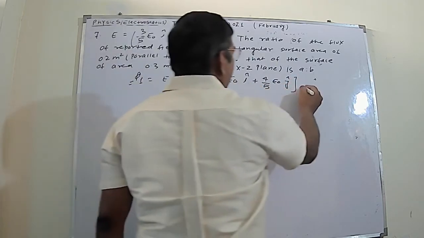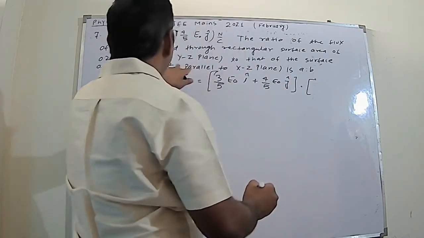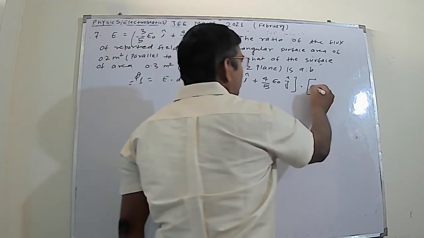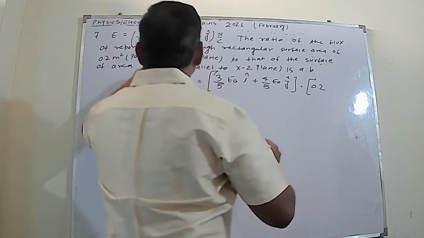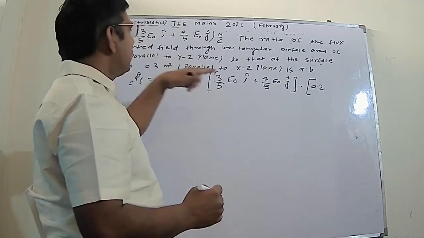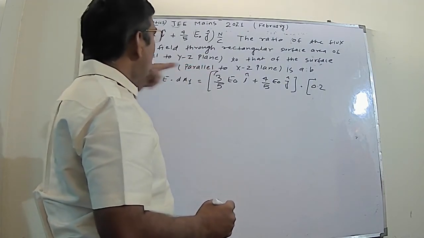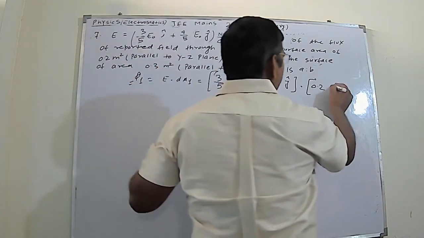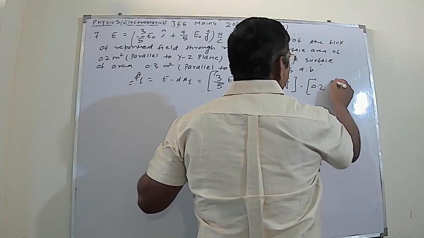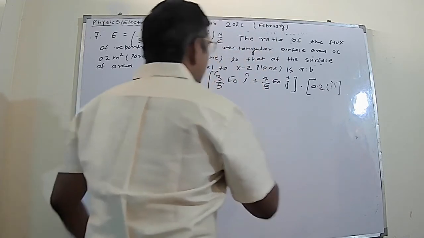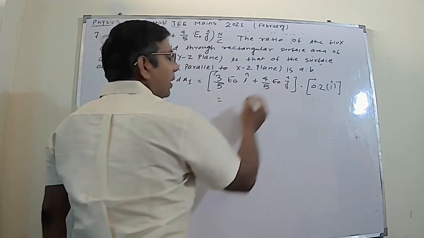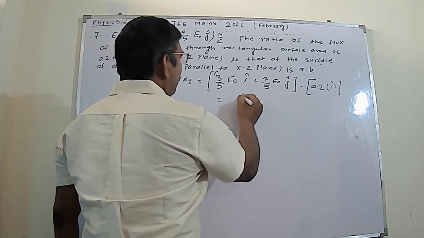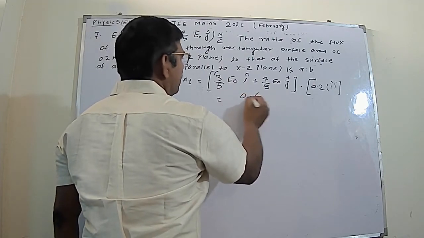And we have to take the dot product, and the area is given 0.2, and its direction is YZ plane. YZ plane means the surface normal is in the direction of i. So here we can write i, right?